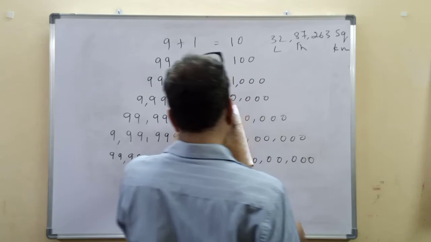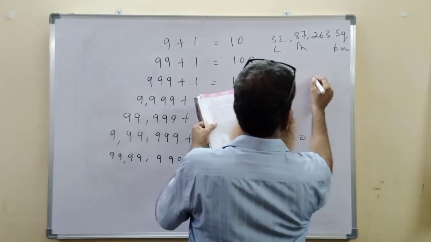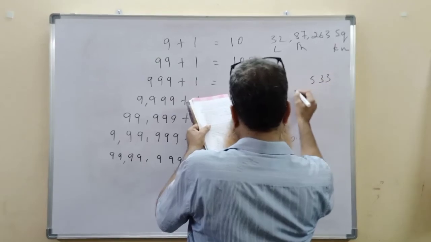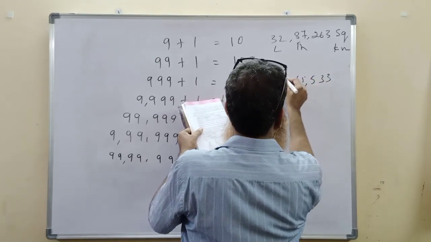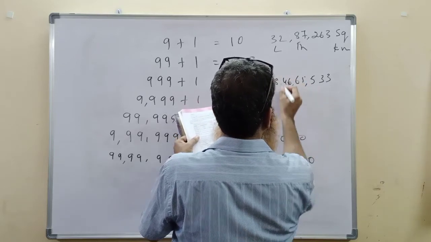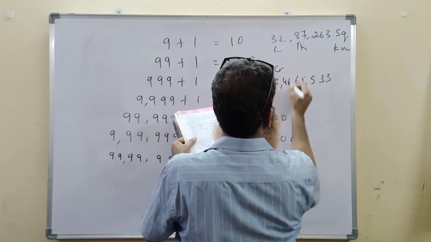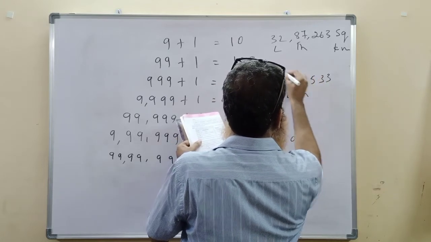Population of our state is 8 crores, 46 lakhs, 65,533.